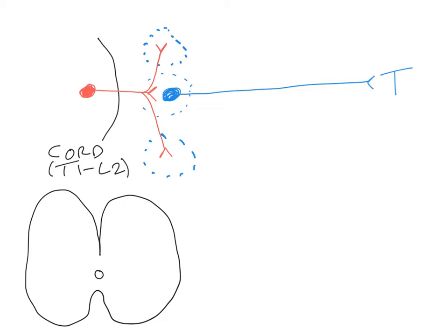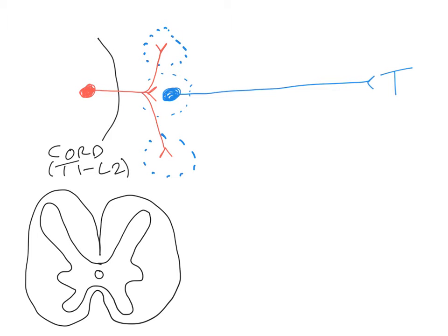Here is the central canal. Here's the dorsal horn, the lateral horn, the ventral horn, the lateral horn, the dorsal horn. And you should recall that it is in the lateral horns where the cell bodies of our sympathetic preganglionic neurons reside.